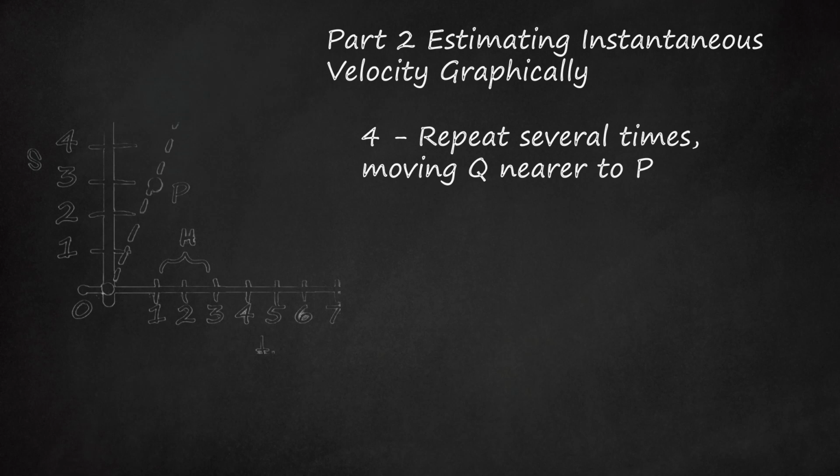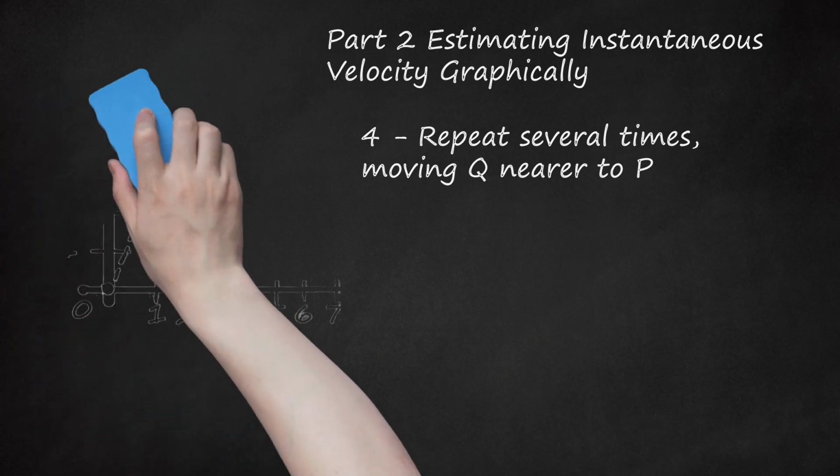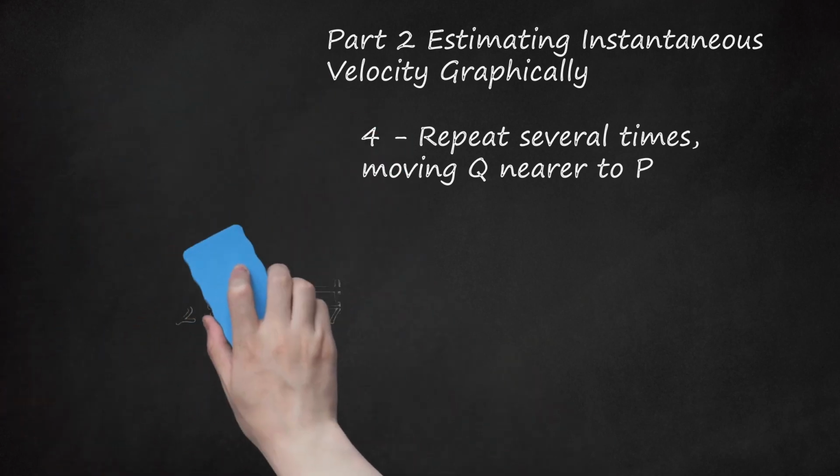Q equals (1.5, 3.95): h equals (3.95 - 3) / (1.5 - 1), h equals 0.95 / 0.5 equals 1.9. Q equals (1.25, 3.49): h equals (3.49 - 3) / (1.25 - 1), h equals 0.49 / 0.25 equals 1.96.